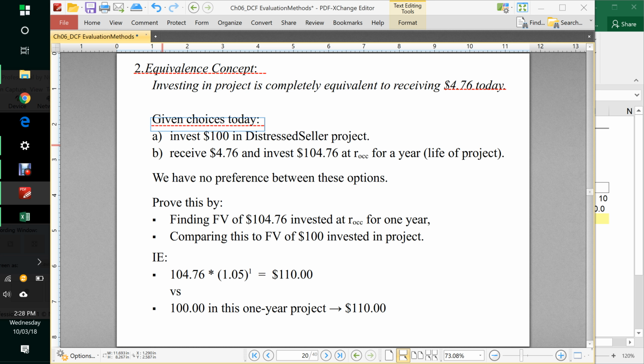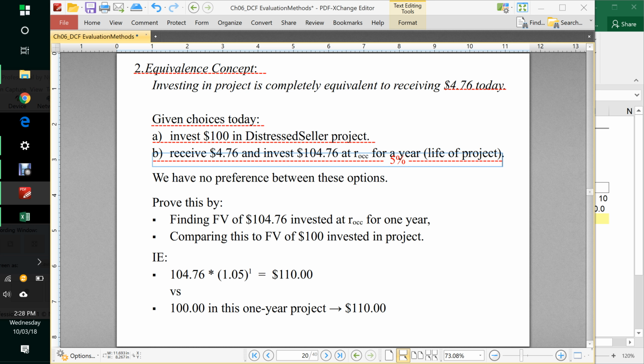One is we invest $100 in the distressed seller project. Number two is somebody just throws $4.76 in our face. They just literally throw it at us. So we pick it up off the floor, and now what do we have to invest? We have $104.76 to invest in our opportunity cost investment, which is going to be 5% for a year.